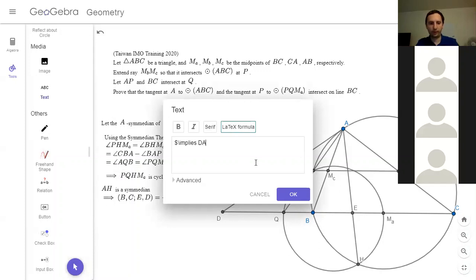I'll write it like that. dA squared is equal to dB times dC is equal to dMA.